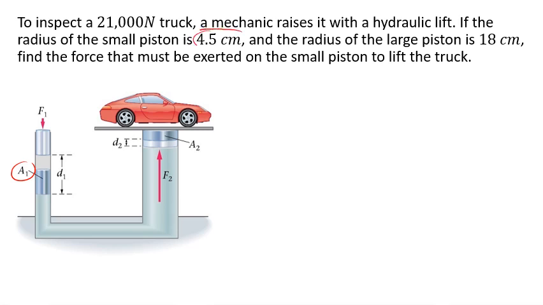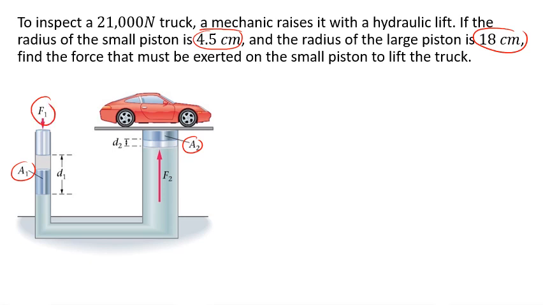At this end, the A1 area refers to the radius of 4.5 centimeters, so you have to convert the radius into area, and the larger piston area refers to the 18 centimeters radius. Again, you have to convert that into area. We have to find the force exerted on the smaller piston, so you have to find the F1 force.